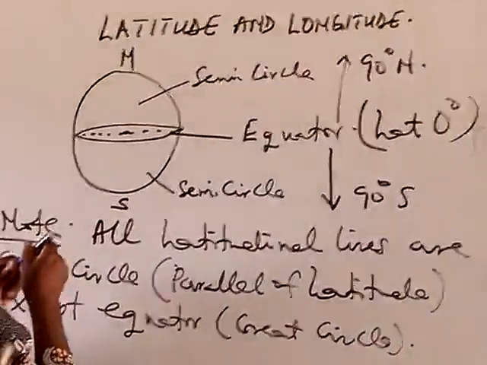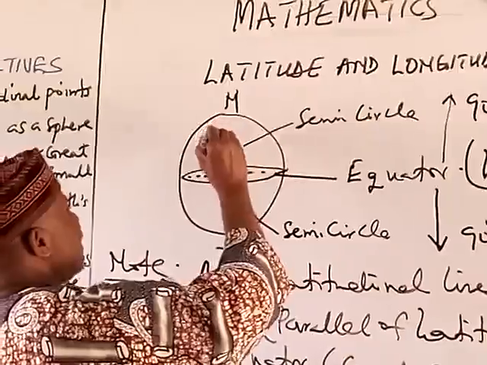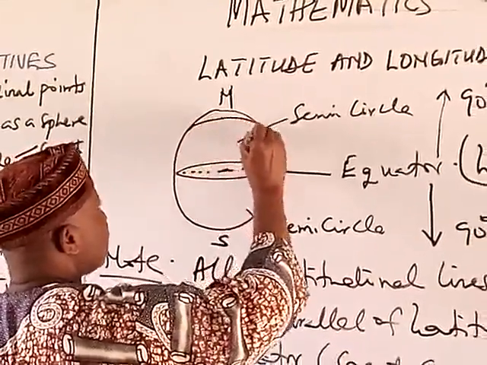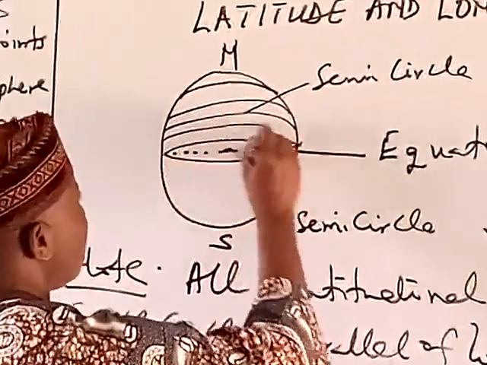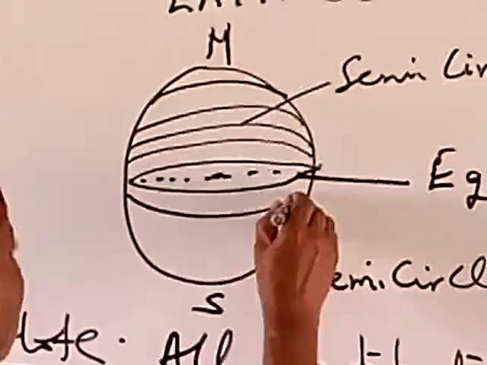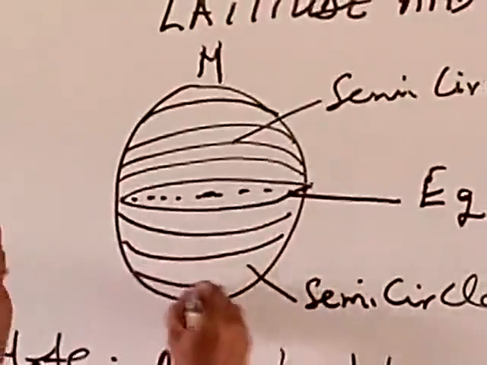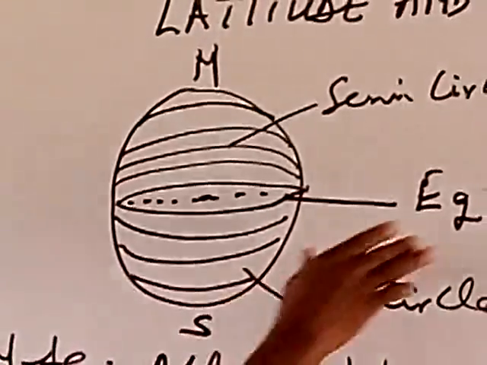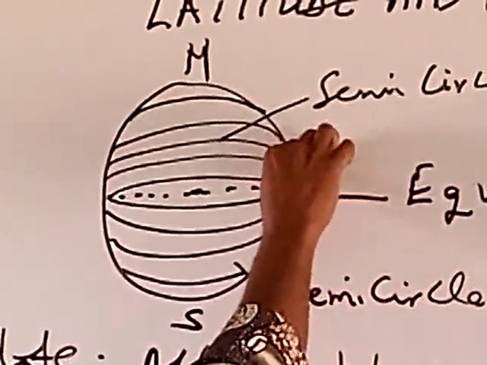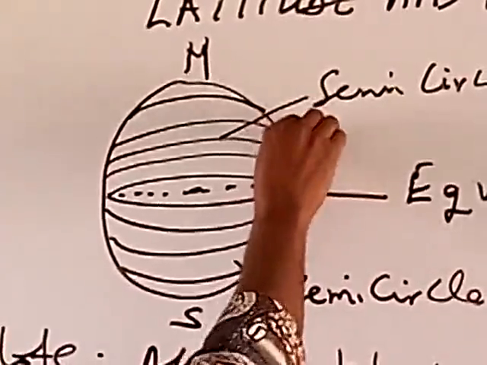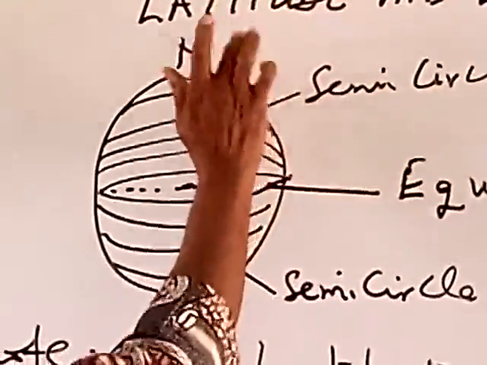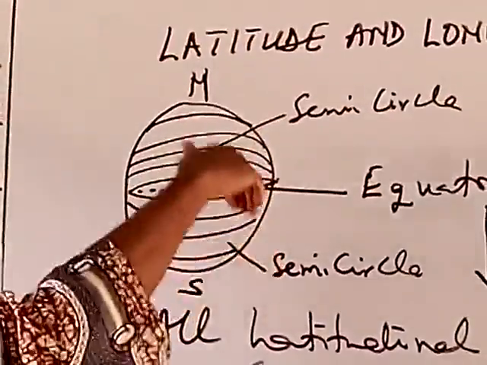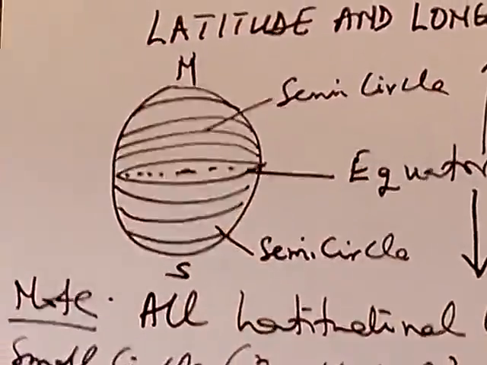So you can have other longitudinal lines in this form, and this form, this way and that way. You can have the equator 0 degrees. You have 10 degrees, 15 degrees, 20 degrees, up to 90 to the northern part. The same thing is applicable to the southern part.